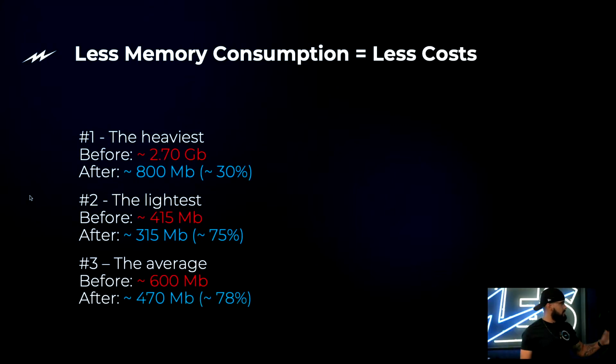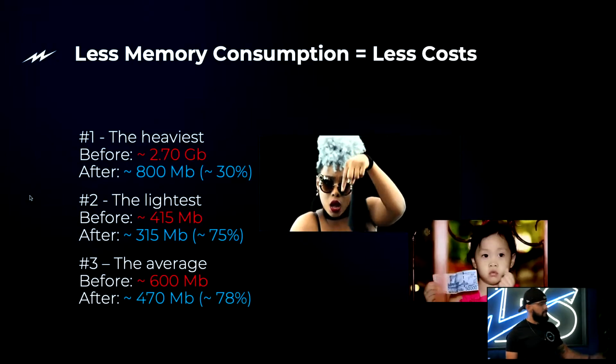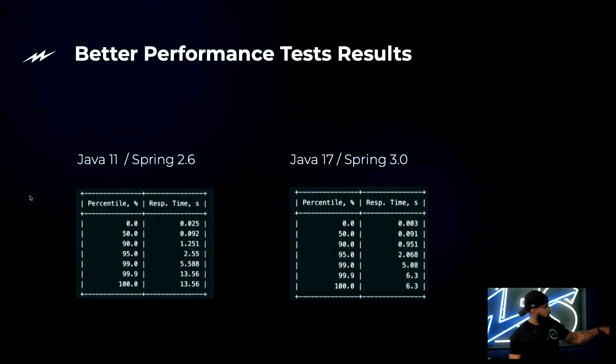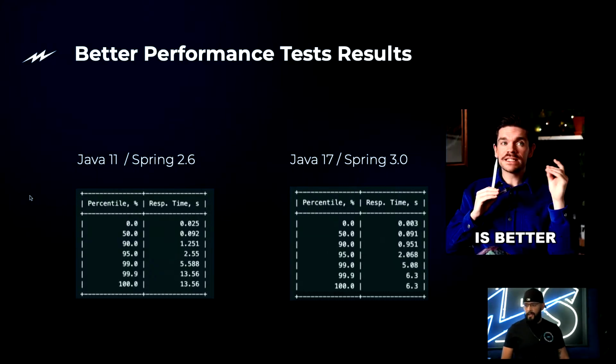And the average services went from 600 megabytes to 407, so around 70% of the memory consumption, which is less money, so we can spend it on other developments for the company. The performance test results. We can see here that the latency reduced drastically. I have to admit that's not a really good service response time, I would say. It should be better, but we can see that it already reduced almost 50% of the response time. So yeah, the performance is indeed better.